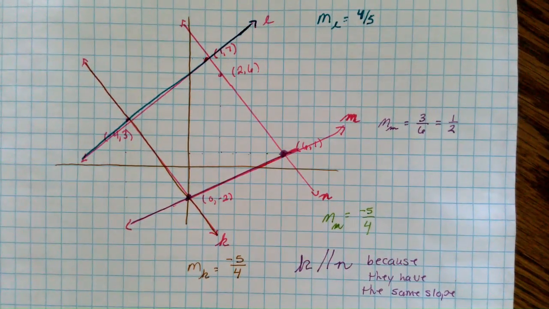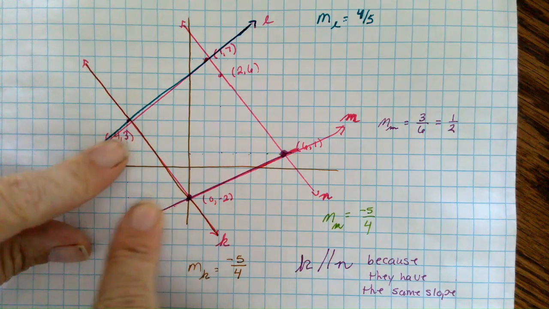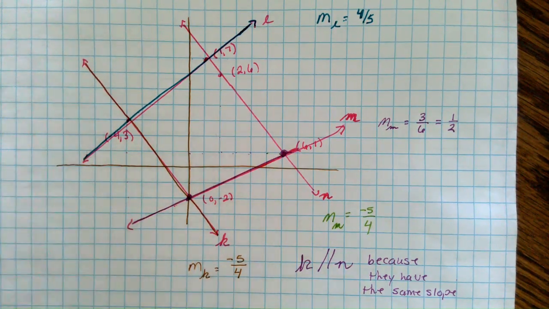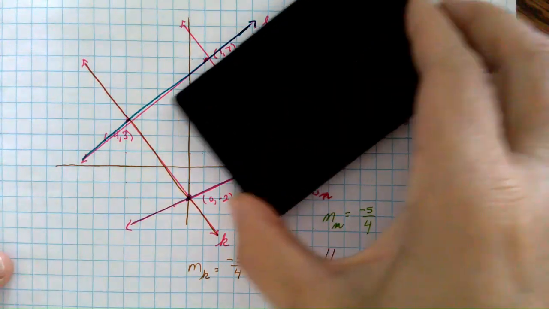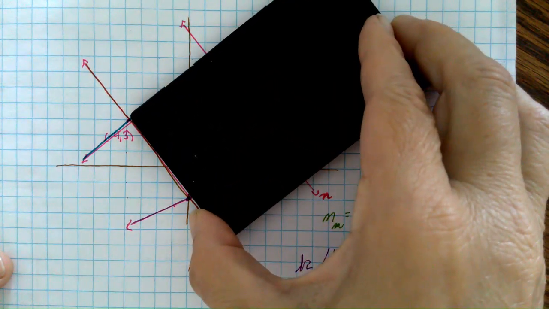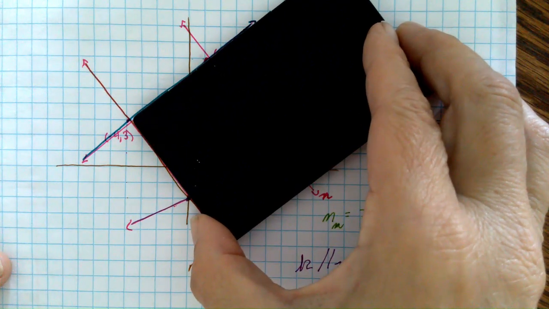Okay, what about anything else you notice? Are there any other parallel lines? These are eventually going to come together, right? Anything else you notice? I notice that these come together at a nice, perfect 90-degree angle.